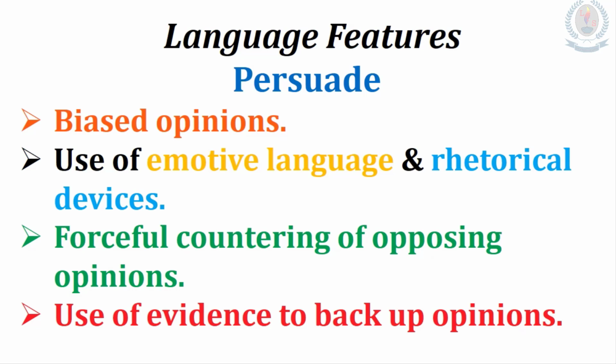You have to use biased opinions when you write persuasive writing, right? Writing to persuade. Next one is use of emotive language and rhetorical devices. Third point is forceful countering of opposing opinions. The last feature is use of evidence to back up opinions.